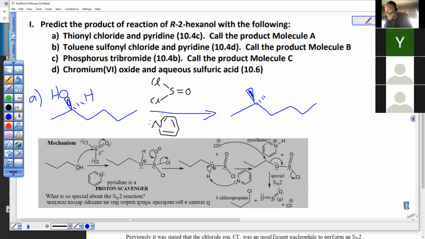Now, if you do backside attack on a carbon here that has a stereo center, what's going to happen to the stereo center? If you're not sure, read 10.4c because it talks about it there. It flips, exactly. So the H is going to end up here and the Cl is going to end up here. So the answer to part A is right here.